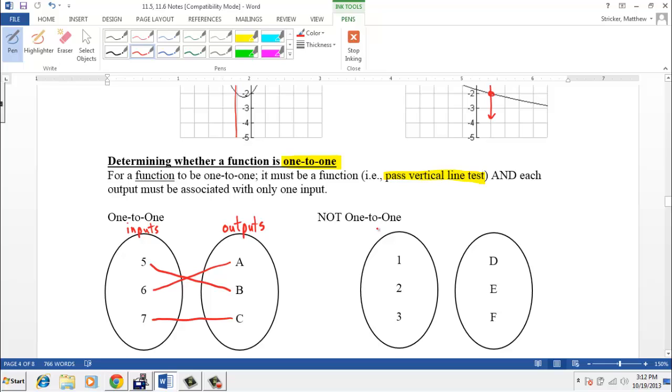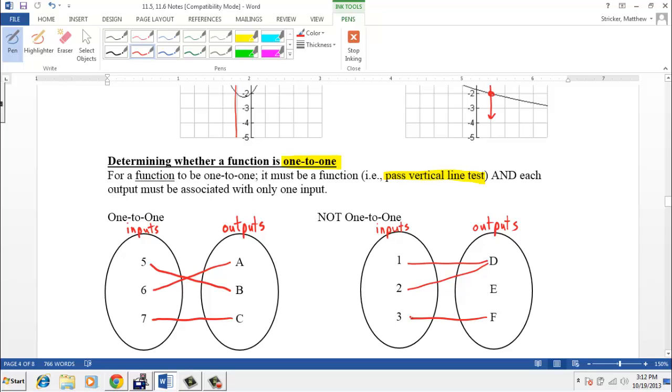Now, if I wanted to give you an example of something that's not one-to-one, that would mean that we had an output that was associated with more than one input. So maybe D was associated with 1, but also with 2. And then F was only associated with 3.